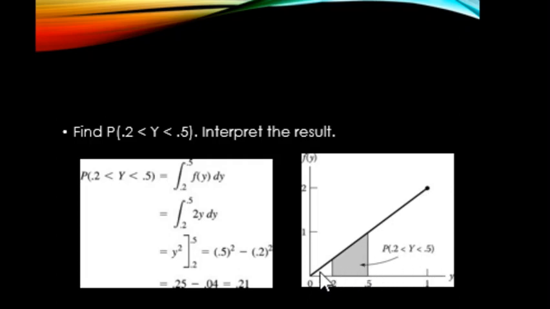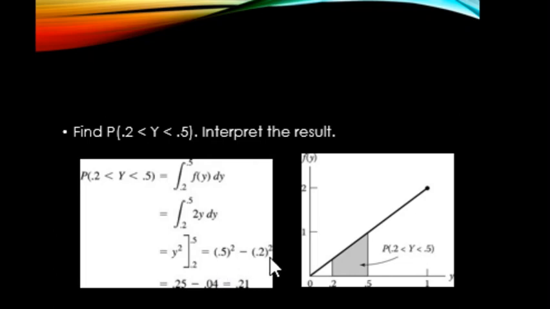Let's say we want to find the probability between 0.2 and 0.5. What is the probability that the proportion of defective pieces is between 0.2 and 0.5? It's this area, and the way we can find this is by integrating our function f of y between 0.2 and 0.5. So it's 2y, and the integral is just y squared, with limits 0.2 and 0.5.